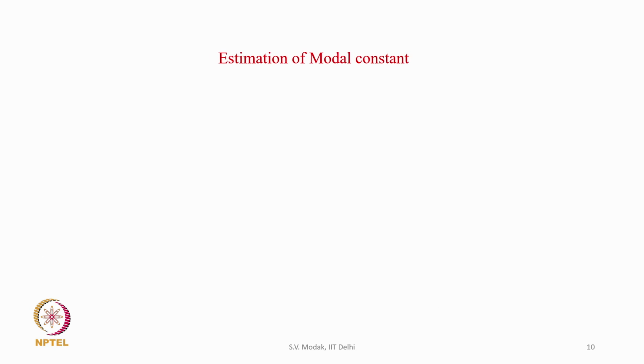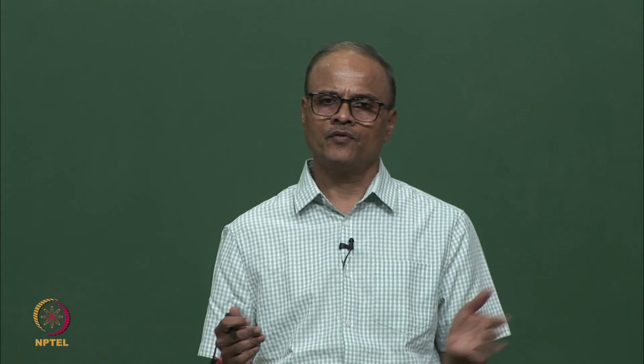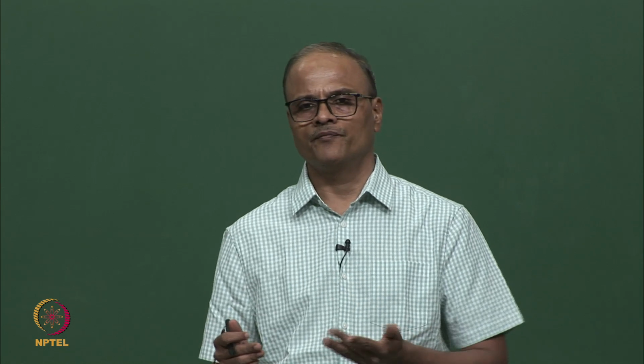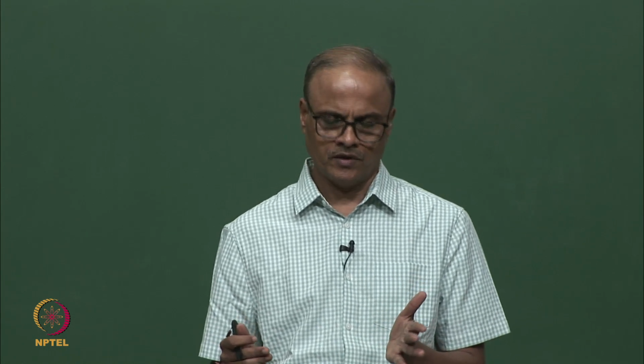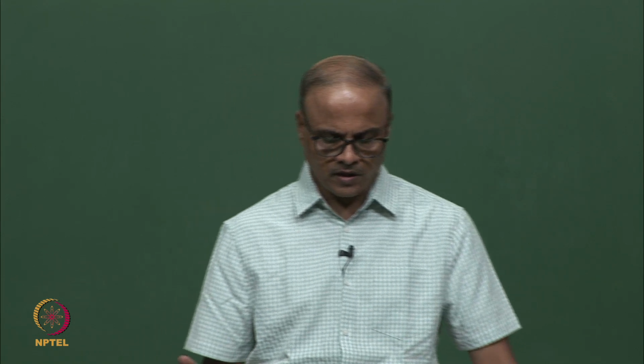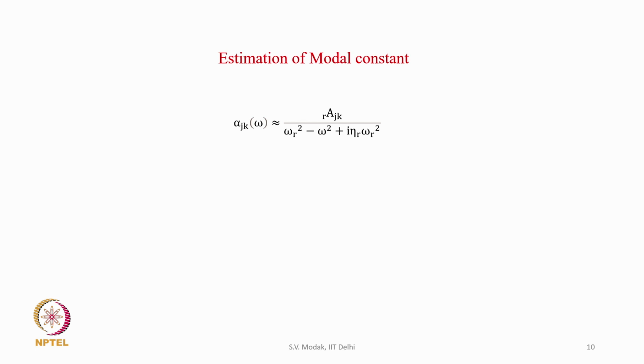How to now find the modal constant? We have found the natural frequency omega r, then we found the modal loss factor, and the parameter which is yet to be determined is the modal constant, that is R A j k. This is the FRF expression based on the single degree of freedom assumption, and what we note at omega equal to omega r, at the natural frequency, is that we can obtain the modal constant as R A j k equal to i eta r omega r square into alpha j k at omega r.